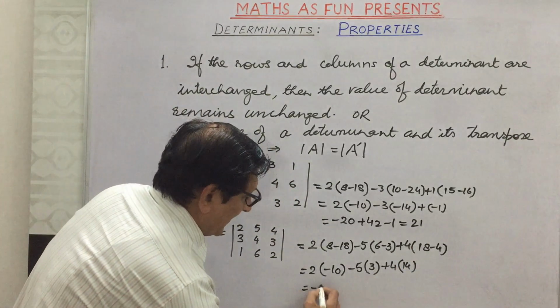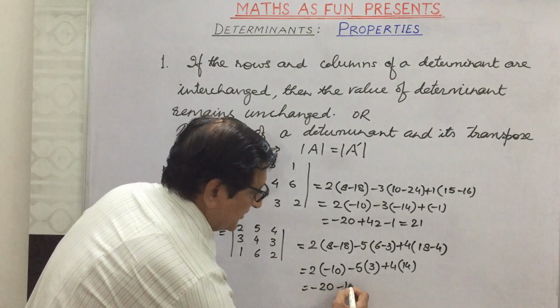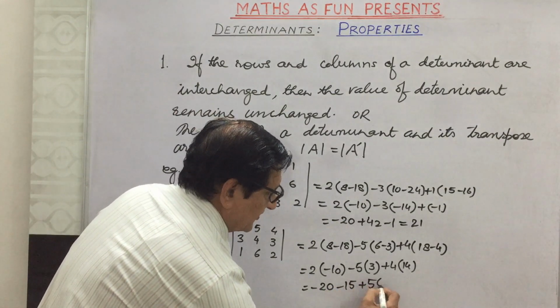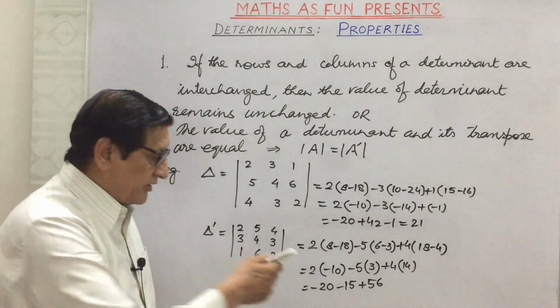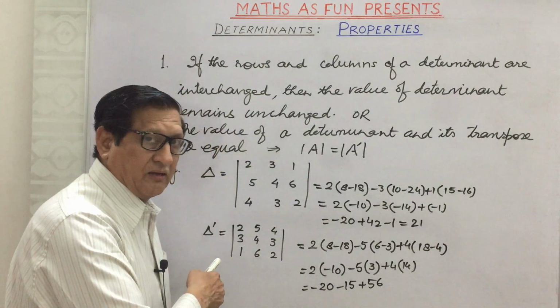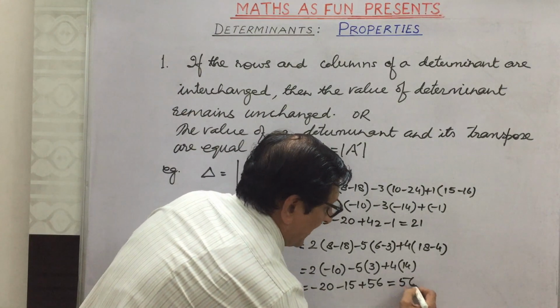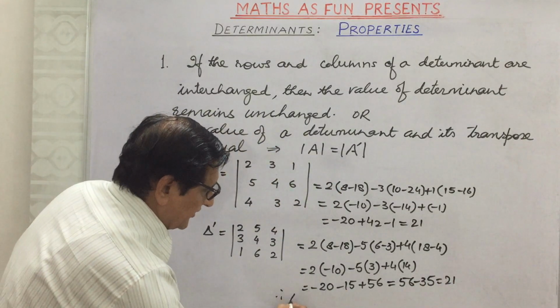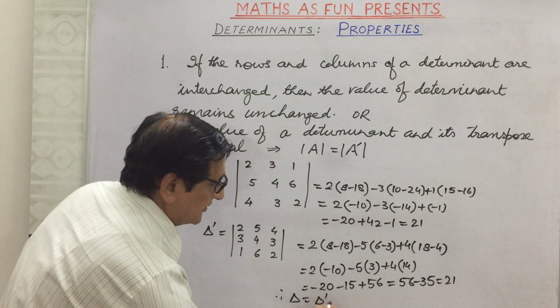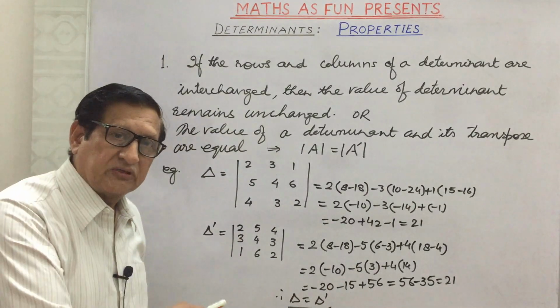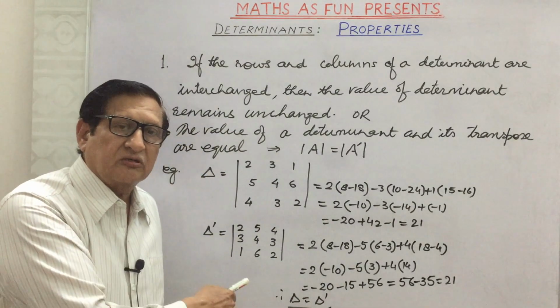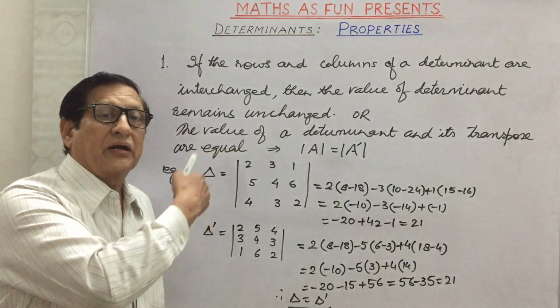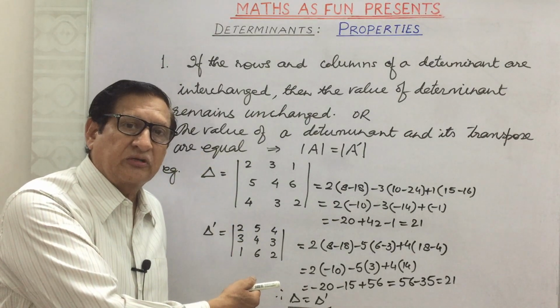This comes as minus 20 minus 15 plus 56, and you can see this is 35. 56 minus 35 is equal to 21. So we are getting delta the same as delta dash. So we can remember that the value of a determinant and the value after interchanging its rows and columns are equal.